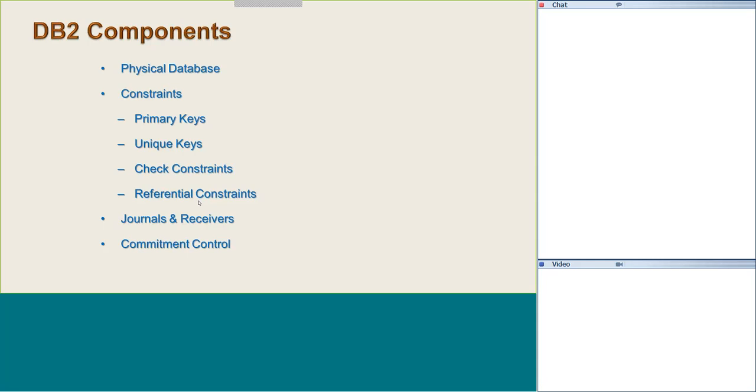But it needs to be an absolute non-negotiable part of the database. Those are the components that are actually, truly, and specifically part of the operating system to support DB2 relational database.